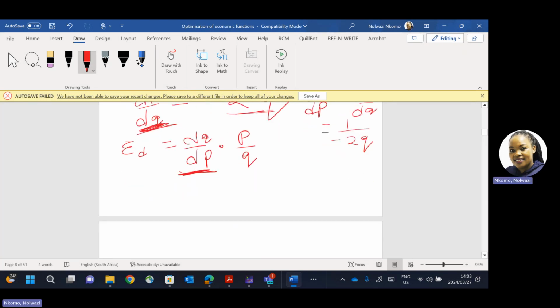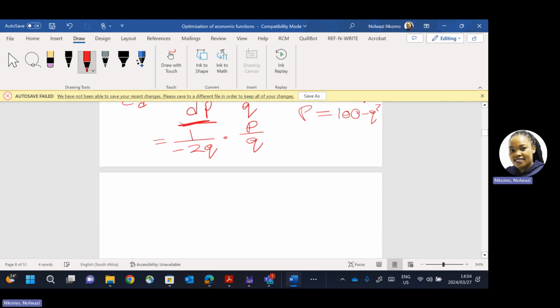So we have 1 over minus 2Q times P over Q. But we know that P is equal to 100 minus Q squared.